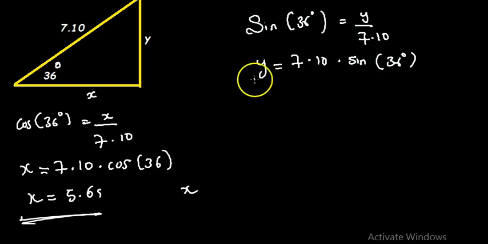If you solve everything on your calculator, you're going to end up with the value of y being 4.27.